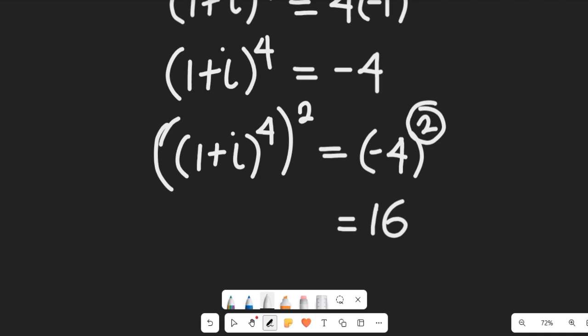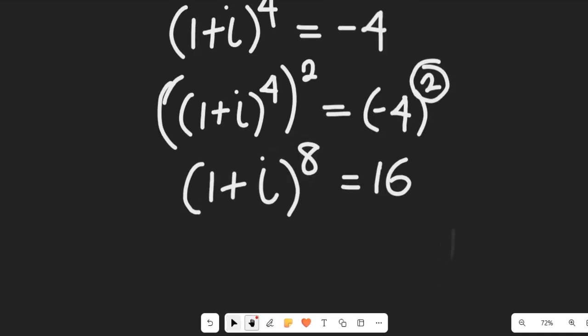On the other side, we simplify: the powers multiply, and we have (1 + i)^8, since 4 times 2 gives us 8.